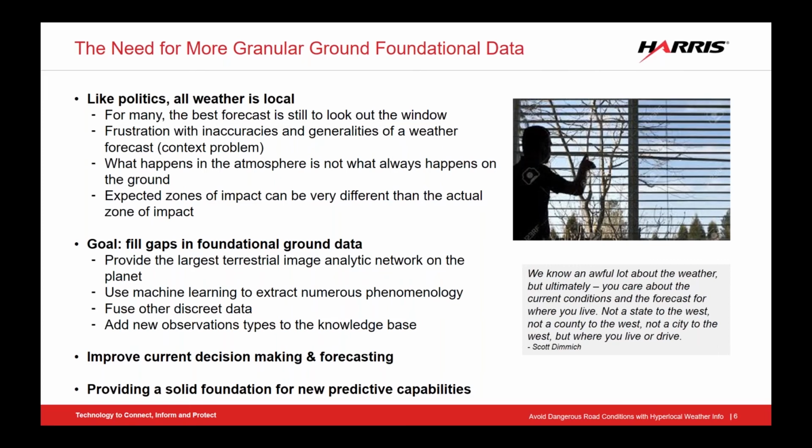So even when the forecast is correct, expected zones of impact are very, very different than the actual zone of impact. And that's where this whole locality or hyperlocal or mesoscale information is very important.